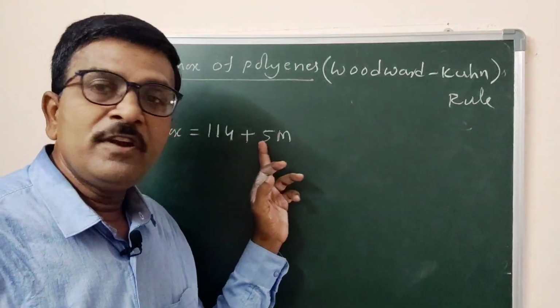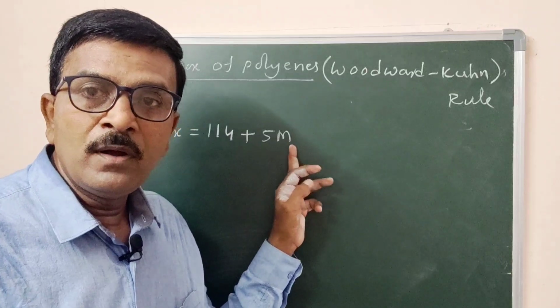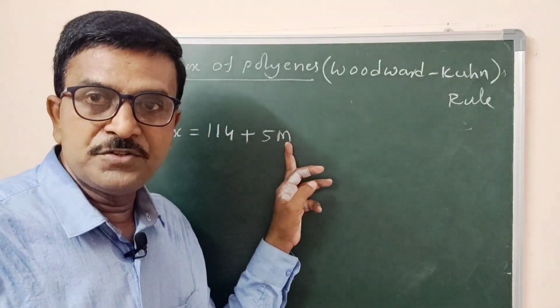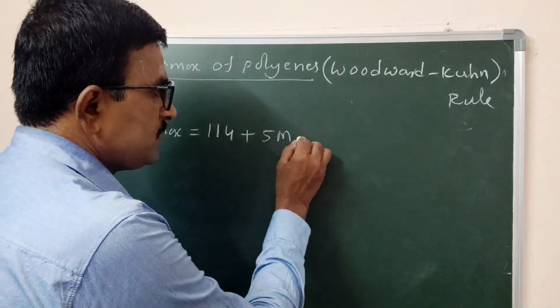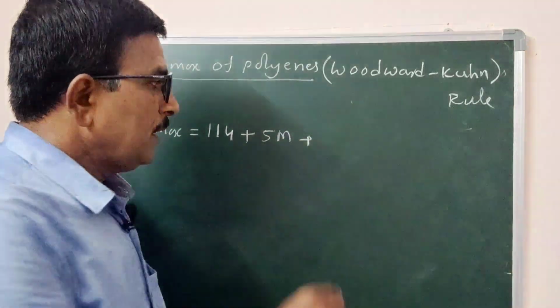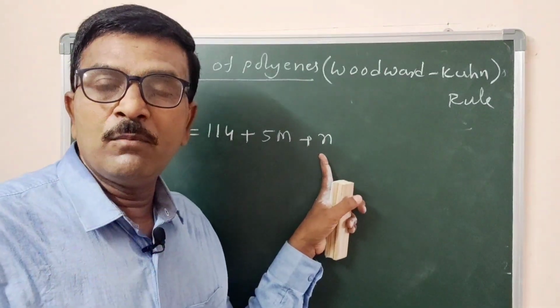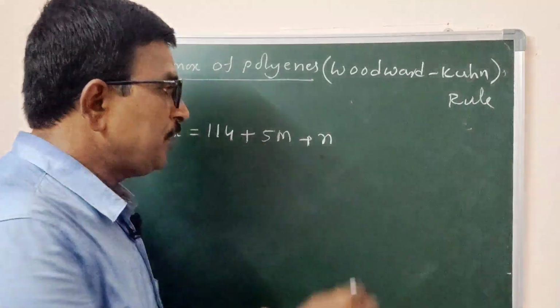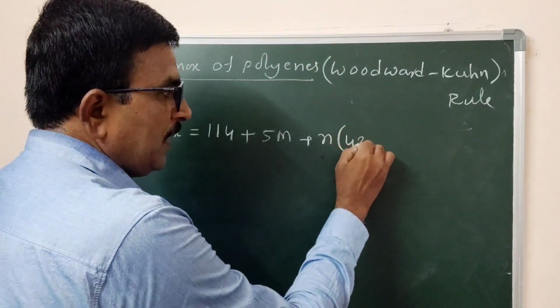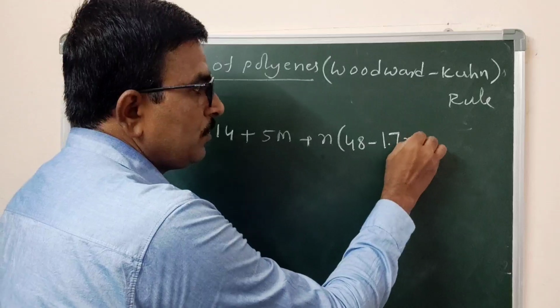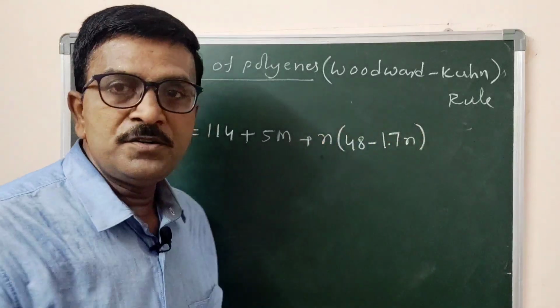Therefore, 5 into the number of alkyl groups or ring residues, and then plus n, where n is equal to the number of conjugated double bonds present in the polyene, into 48 minus 1.7 into number of conjugated double bonds.